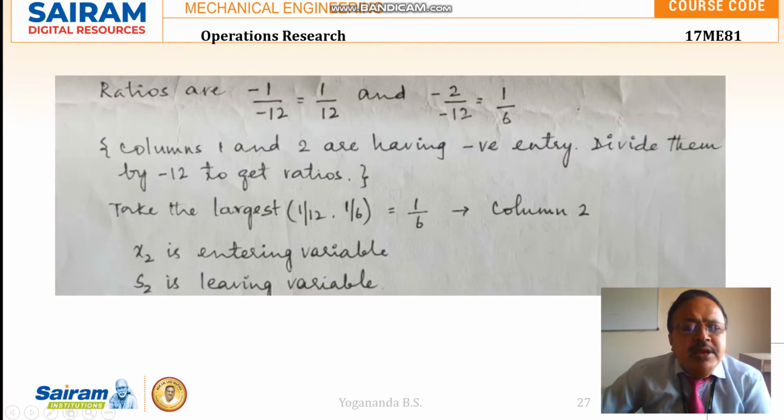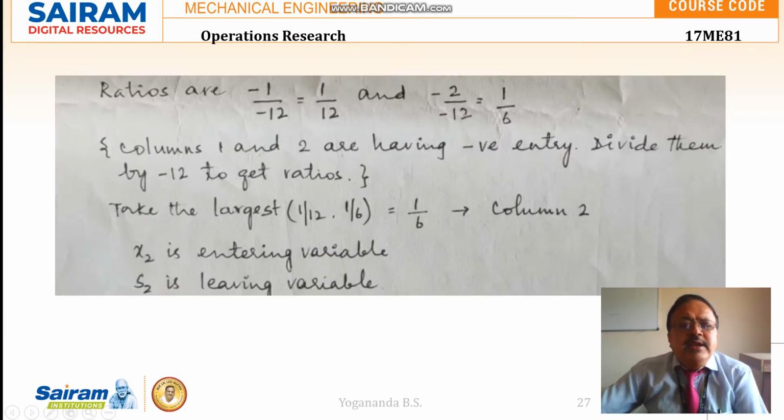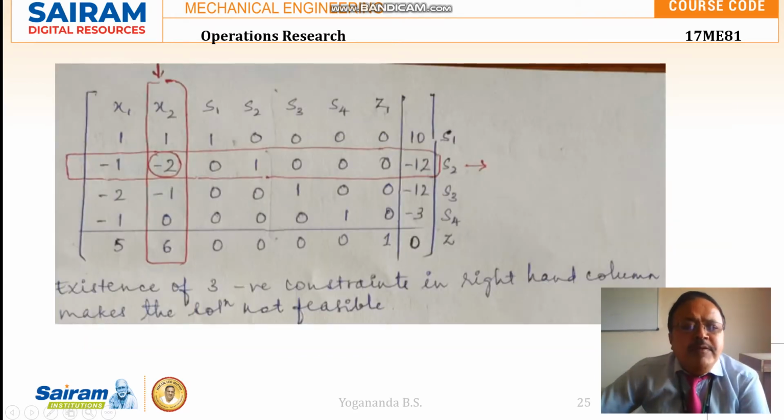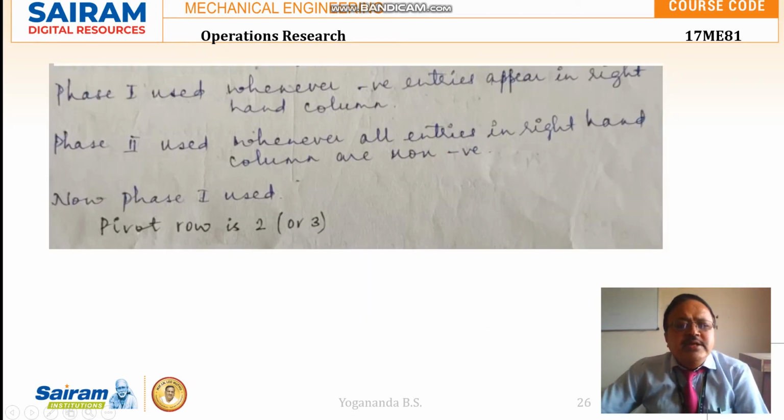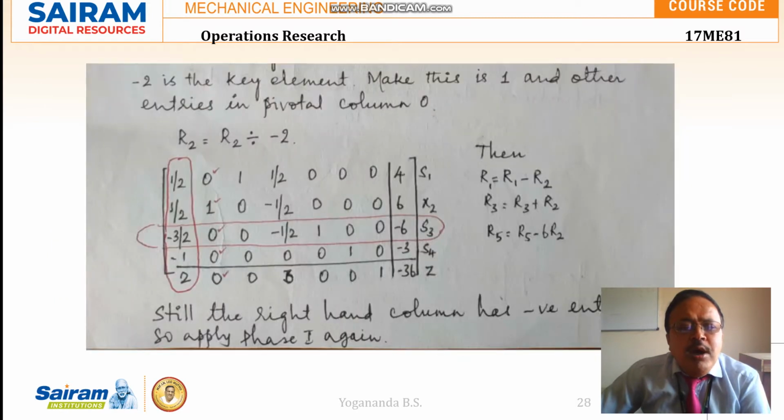That key element should be made 1 and the other entries in the pivotal column 0. So minus 2 should be made 1 and the other entries, 1, minus 1, 0 and 6, should be made zeros using suitable row operations.